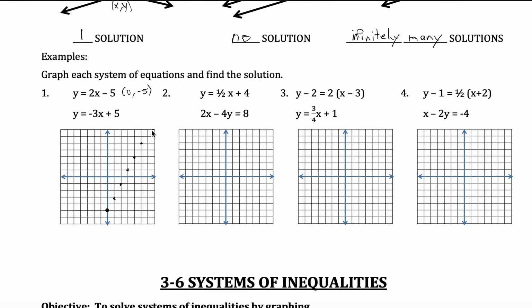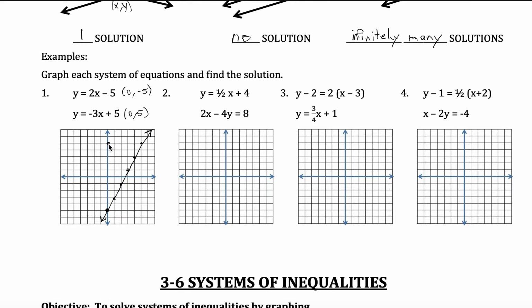All right, then we want to connect those points with our line, trying to keep it as straight as possible. Then we want to graph our second line. Our y-intercept of this would be 0, positive 5. Because remember, these are in slope-intercept form, so it's y equals mx plus b. So we can graph our y-intercept.